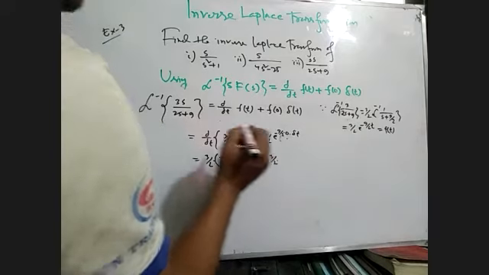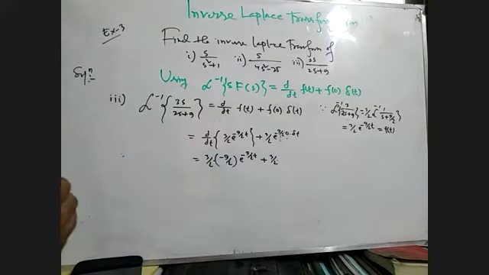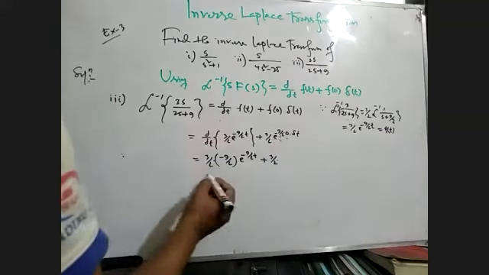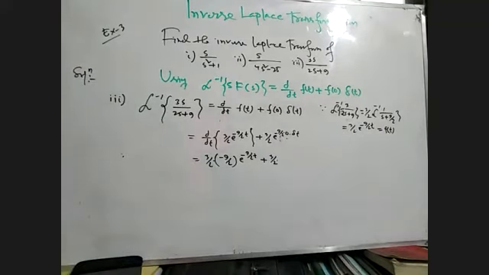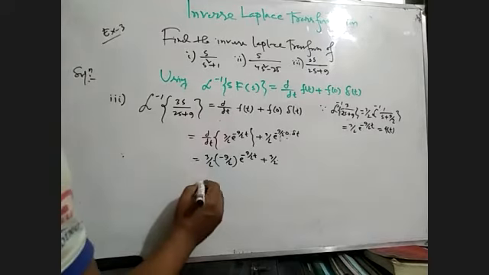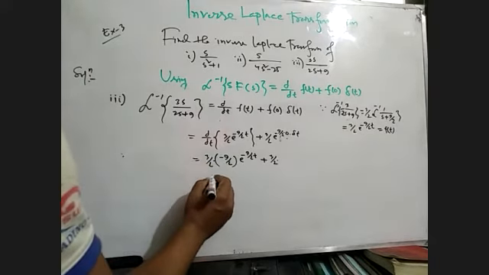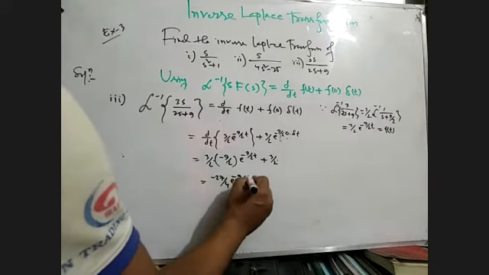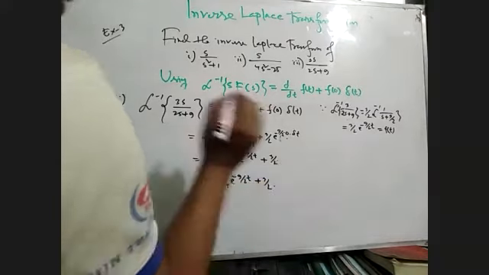E to the power 0 means 1. So we get 27 by 4 minus 9 by 2 t plus 3 by 2. This is the result.